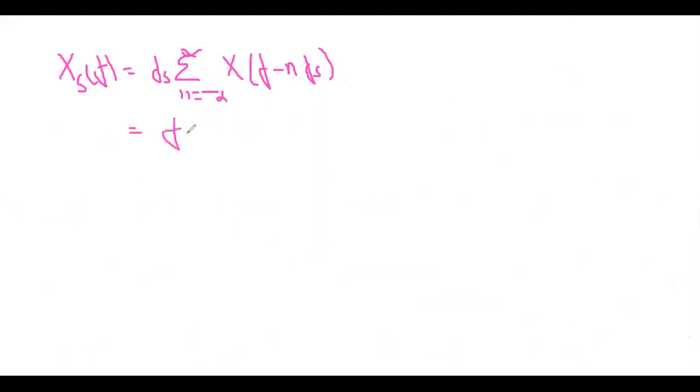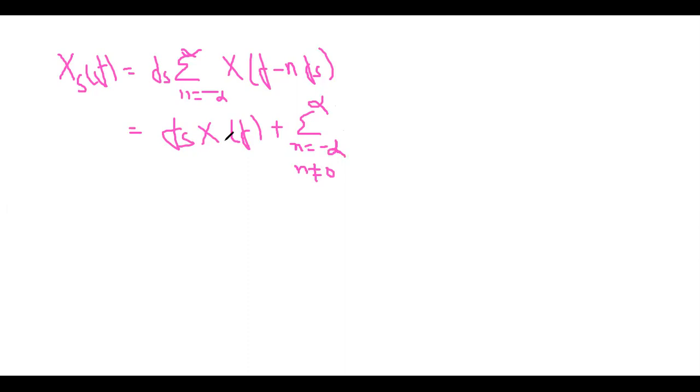What we got: x delta of f is equal to fs times the sum of n equal to minus infinity to infinity of X of f minus n fs. Now when n is equal to 0, we get X of f, plus the sum of the remaining terms, n from minus infinity to infinity and n not equal to 0.